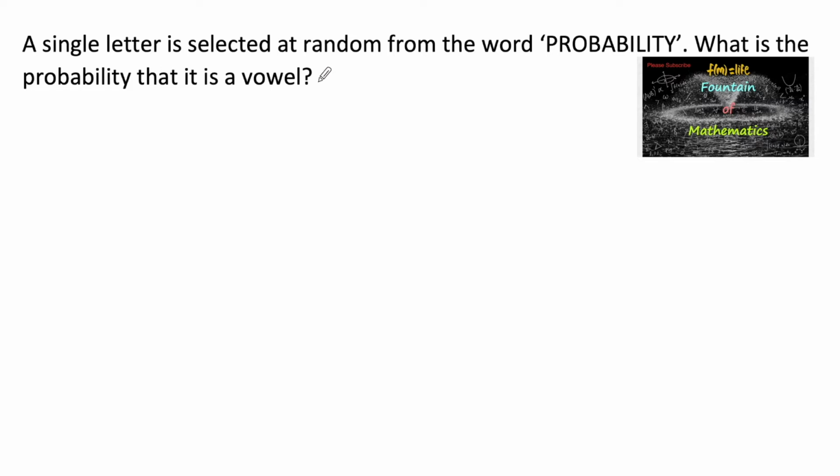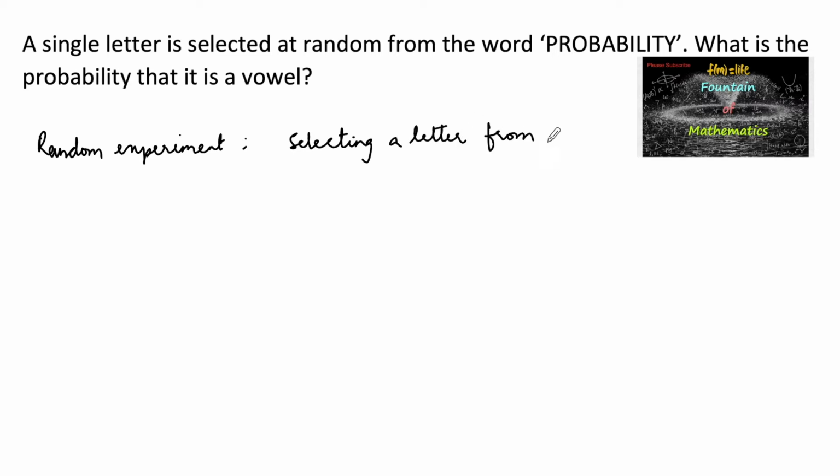A single letter is selected at random from the word probability. What is the probability that it is a vowel? So here the word is given. Here the random experiment is selecting a letter from the word probability.